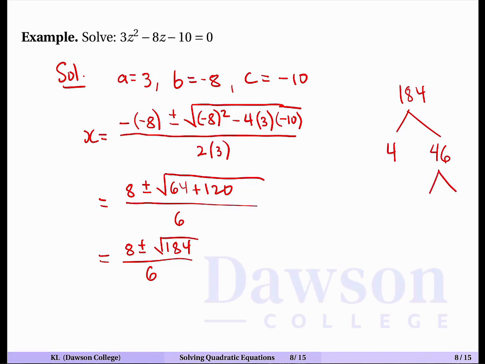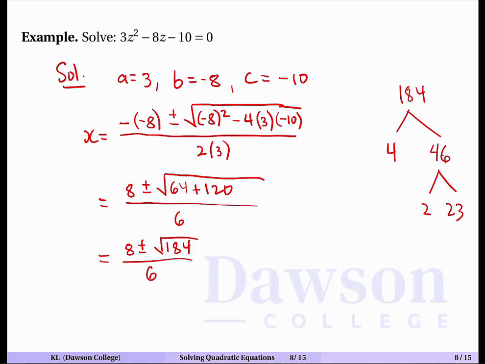For 46, we will have 2 times 23. So we can just factor 184 into this 4 times 46 because these two don't contain any perfect square.